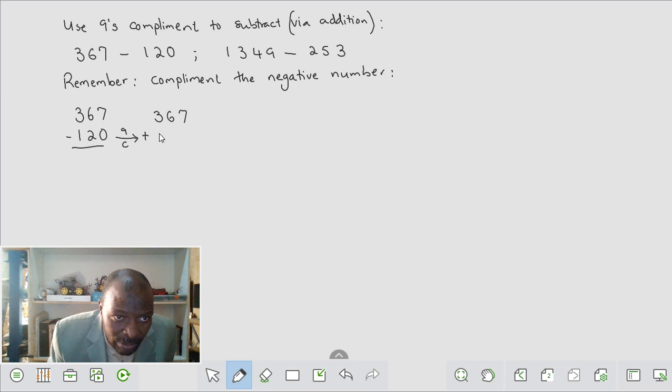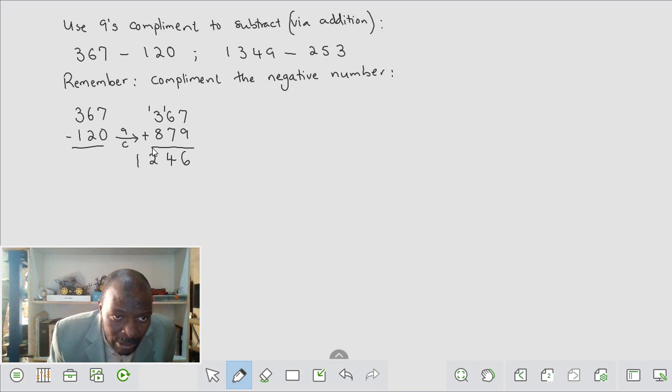The complement there is 8. 9's complement there is 7. 9's complement there is 9. Then we add. 7 plus 9 is 16. That is 6 plus 8, that's 14. 3 plus 9 is actually 12.